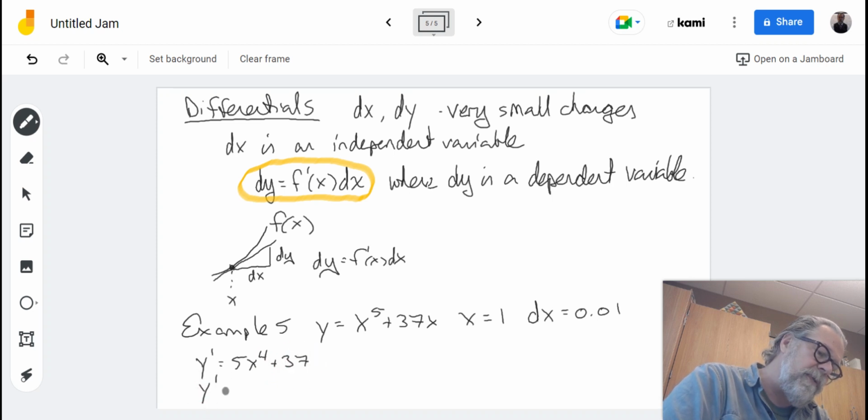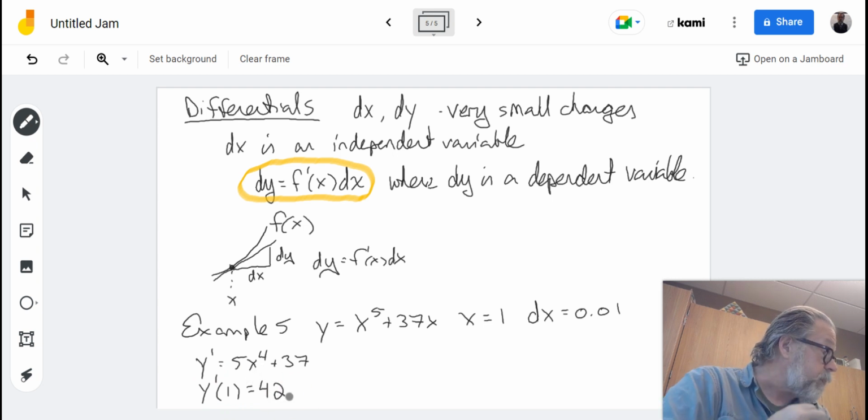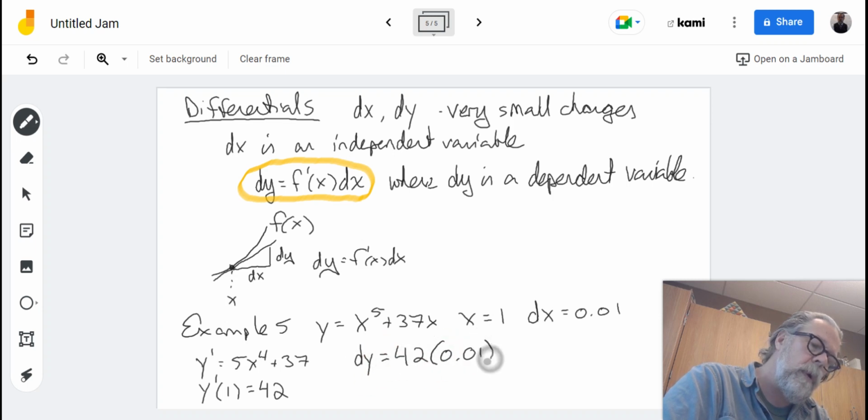The rate of change at x equals 1, therefore, is 42. And so if I increase x by 0.01, y will increase by 0.42.